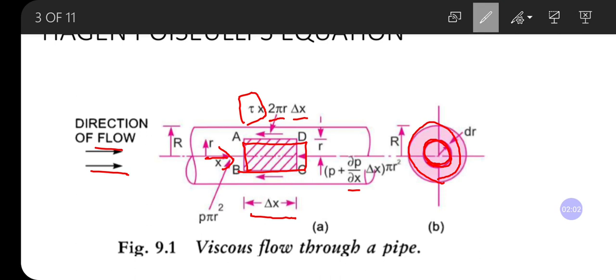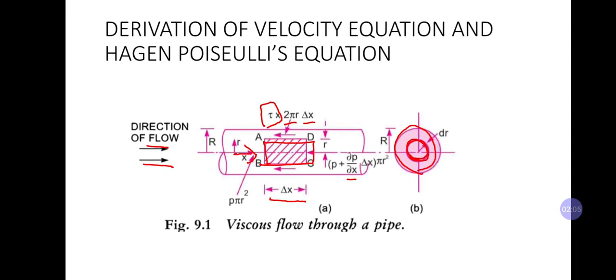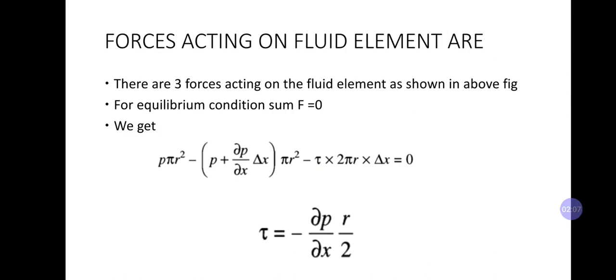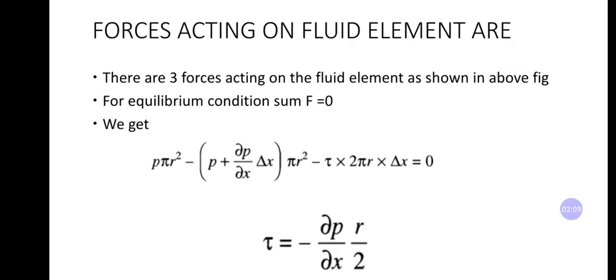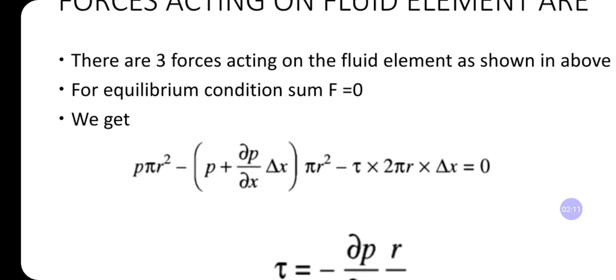Now for equilibrium conditions, we will have the summation of all forces equal to 0. So we will get for equilibrium conditions p pi r square, which is acting in the right hand direction, that is in the direction of the flow, minus p plus del p by del x delta x into pi r square, which is acting against the direction of the flow, then minus tau 2 pi r delta x, because this is also acting against the direction of the flow.